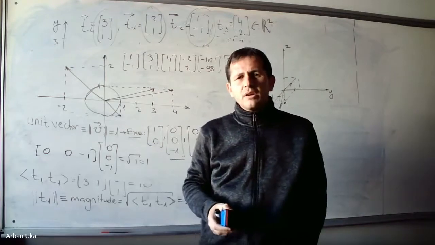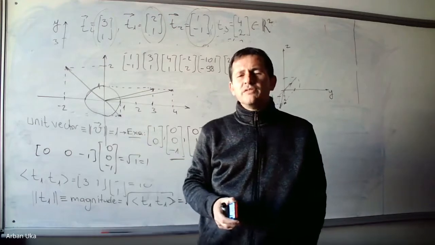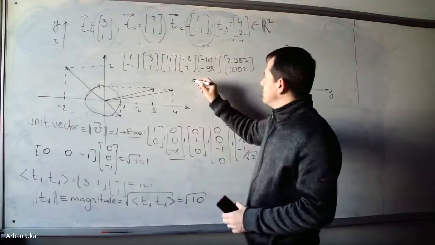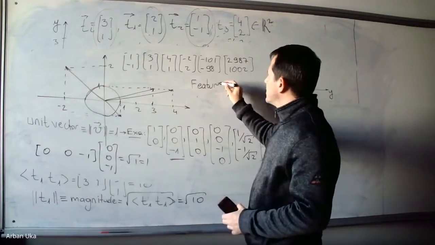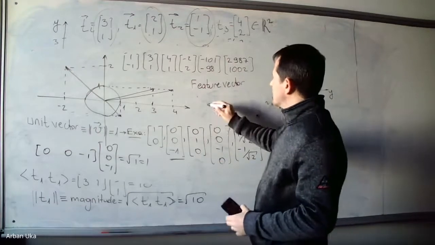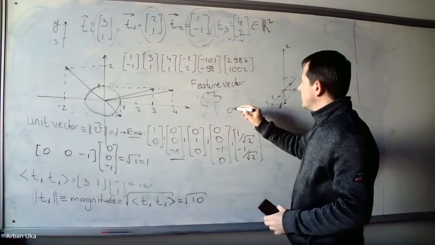For this, what you have to do is write a nice algorithm and generate a feature vector. So the keyword which you are going to need in a short amount of time is this: you need to generate a feature vector, okay? Last time we said that a feature vector of a tree can be different from a feature vector of a car.